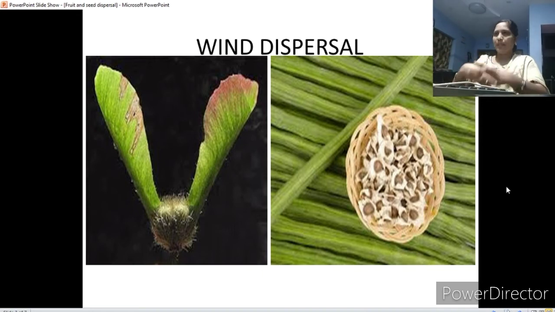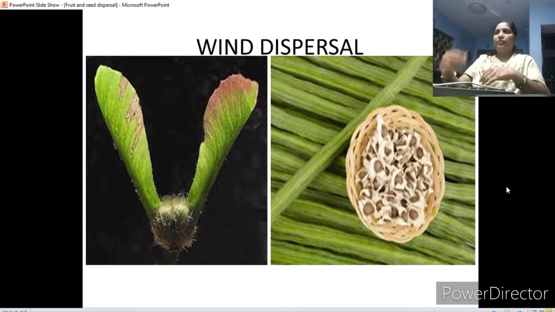Suppose seed dispersal has not taken place, then what happens? All the seeds might have fallen near the parent plant. Then definitely a problem occurs. All the seeds germinate in the same area and they get competition for light, space and food.